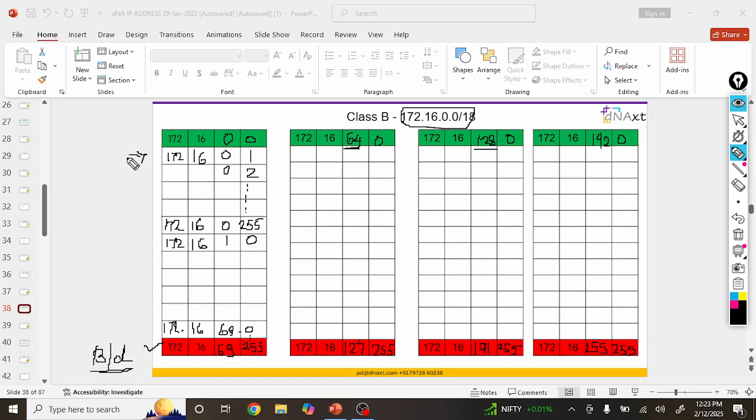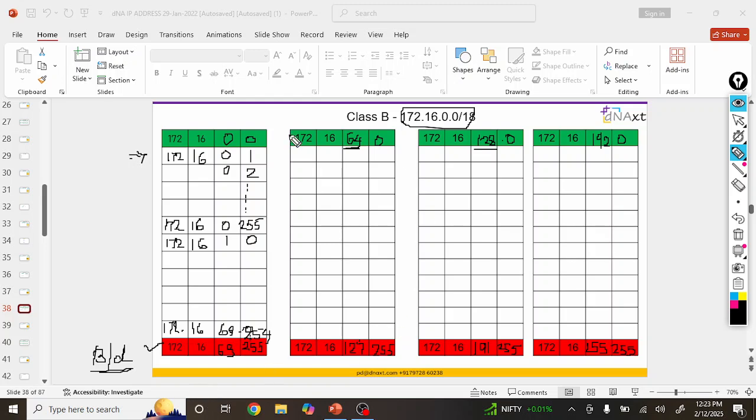So the first valid host is 172.16.0.1 and the last valid host is 172.16.63.254. This is your last valid host.